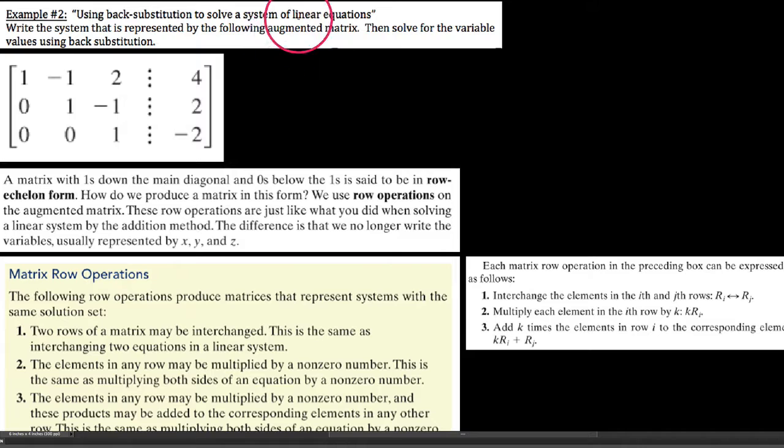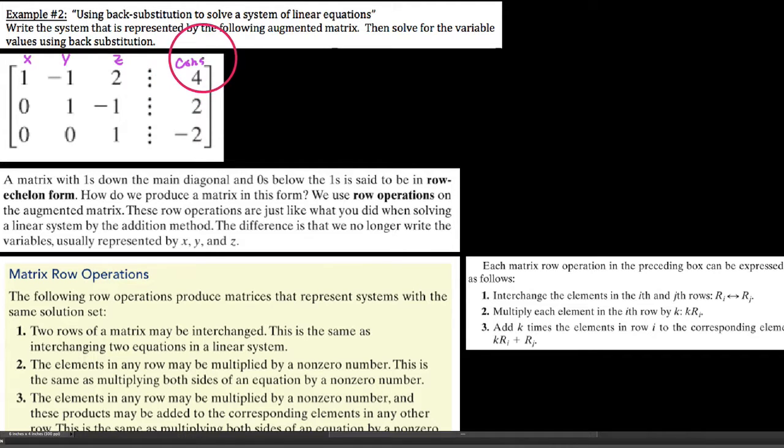So for the last part of this video, what I want to do is, given an augmented matrix here, write the system that's associated with it and then solve for the variable values by using back substitution. So essentially what you could see here is that there may be a system associated with this, and if I were to put in variable values, I suppose I could use a, b, and c, but I'm inclined to use x, y, and z, is what we see a lot of the time with systems, or at least linear systems.